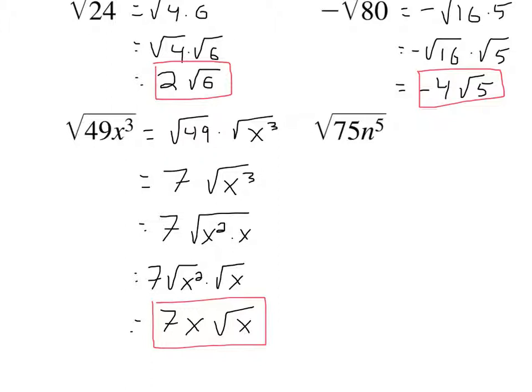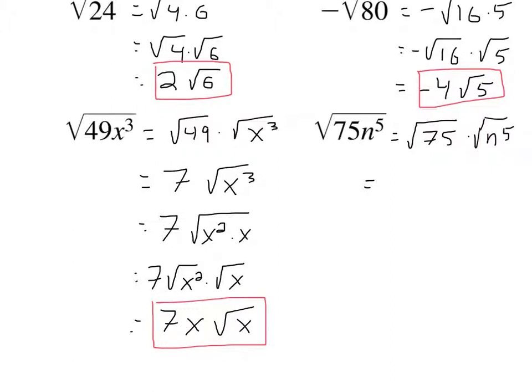Let's try the same approach for the next one. Square root of 75 n to the 5th. That's going to be the square root of 75 times the square root of n to the 5th. And I just want to break down the square root of 75 first into perfect square factors.